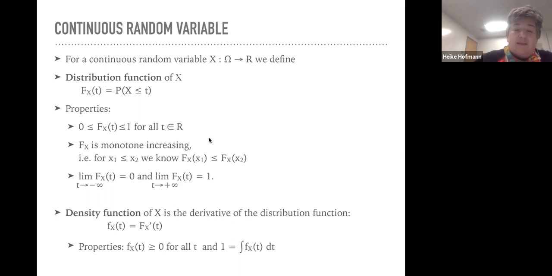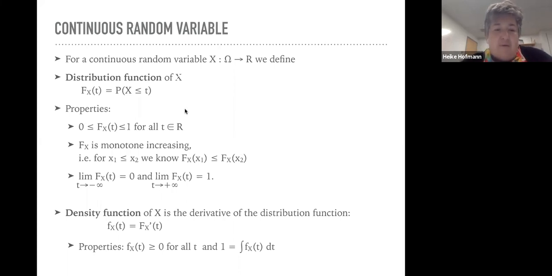So essentially, we have a function that goes up in t. It goes up from 0 to a value of 1. And it always stays between these two values of 0 and 1. Those are boundaries. So that's a distribution function.